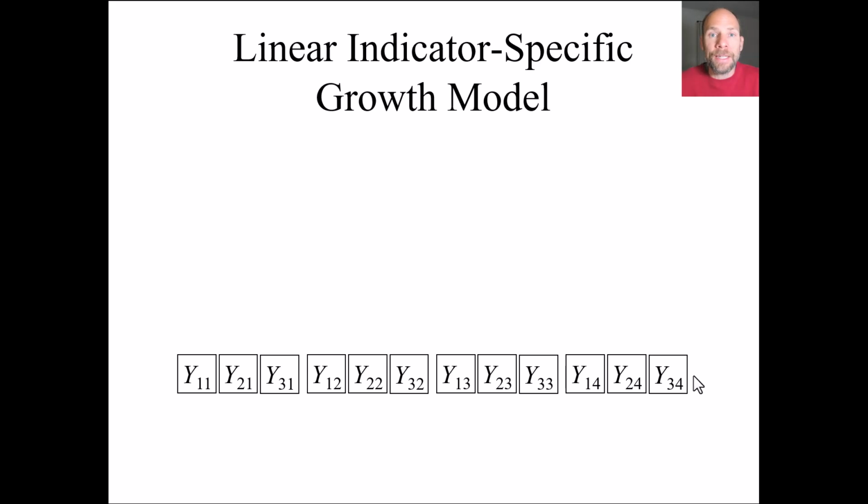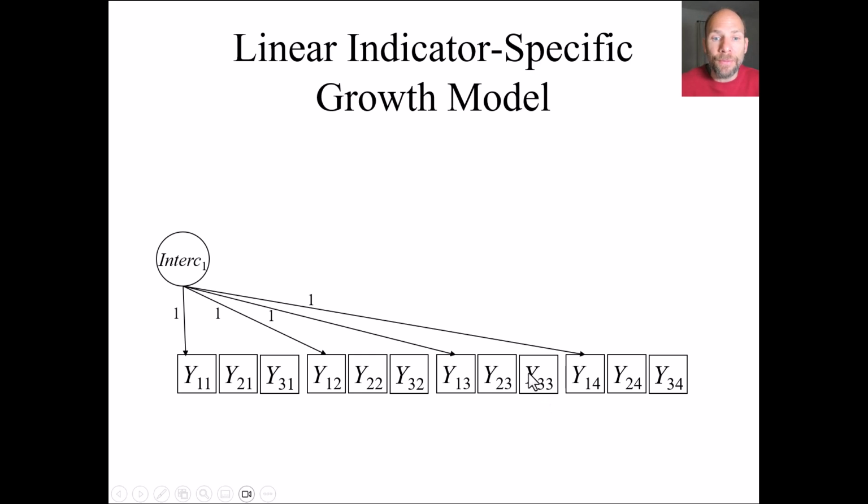So here I'm presenting a very general growth curve model for multiple indicator data that uses indicator-specific growth factors. And in this indicator-specific growth model, specified as a regular single-level CFA model, we would have a separate intercept and slope factor for each indicator. For example, for the first indicator, there is one intercept factor, intercept 1, and there's a slope factor, slope 1.